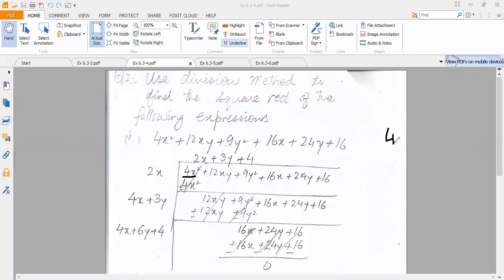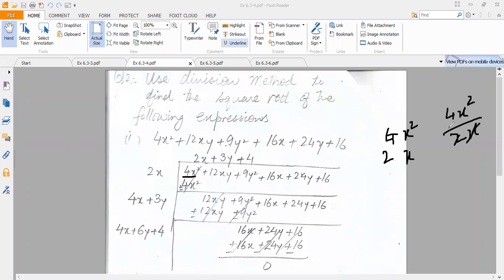Half of 4 is 2, half of x square is x. Or in other words, you will divide 4x square with the help of 2x.